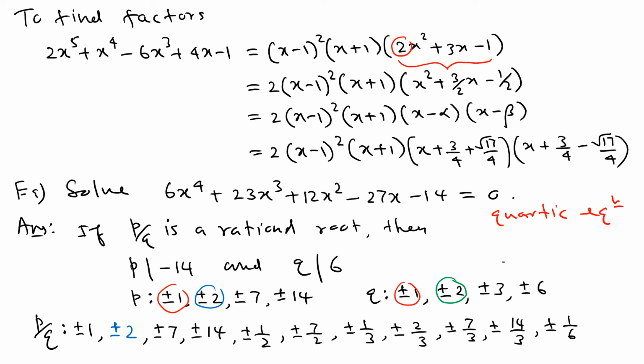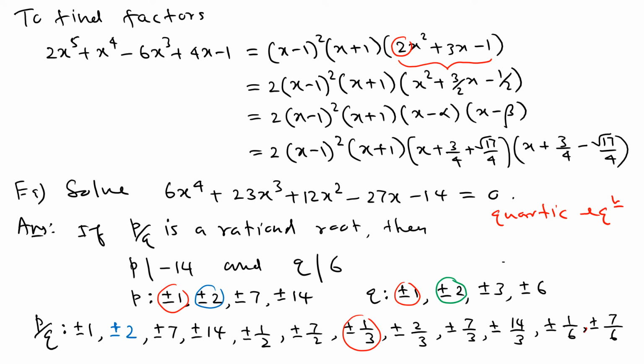And then the next one, if you divide plus or minus 2 with plus or minus 6, it is plus or minus 1/3, which is already there. So we don't write it. It's right here. So we don't write that. And then the next one is plus or minus 7/6.